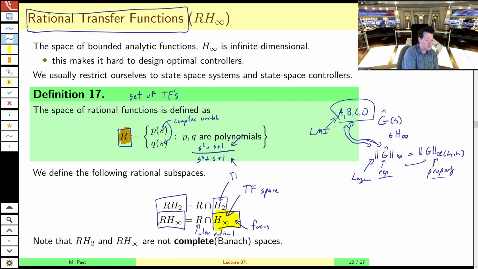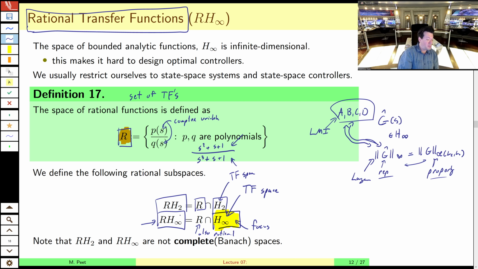So if our transfer function space was H2, we restrict ourselves to functions in H2 which are also rational, have numerator and denominator. Well, and why do we do that? Well, because specifically, any state space system, if you take the transfer function of that system, it's rational, right? And vice versa, any rational transfer function has a state space representation with a caveat, which we'll give on the next slide, that it be proper. Well, I haven't defined proper quite yet.